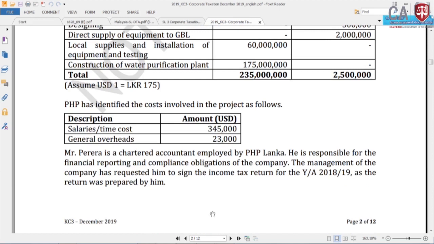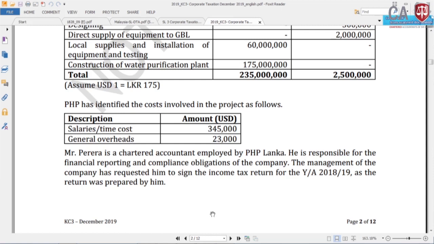Now if we incur no expenditure for the equipment part in Sri Lanka, then indirectly you have to think, these two expenditures which were incurred in US dollars, for what? The designing part. You have to be a little logical and think in the non-resident taxation question.